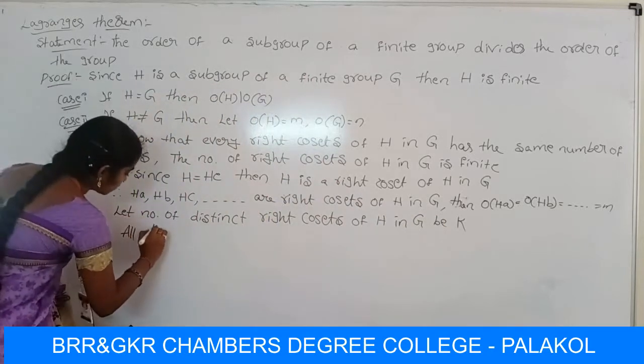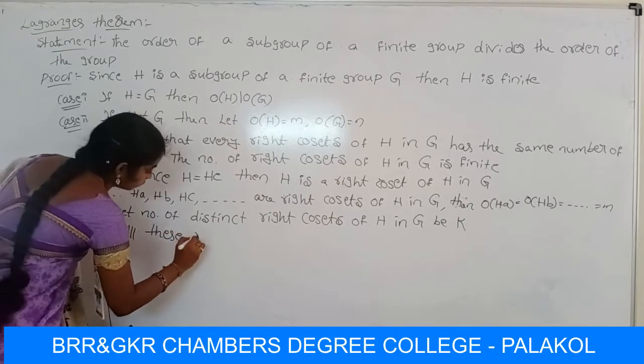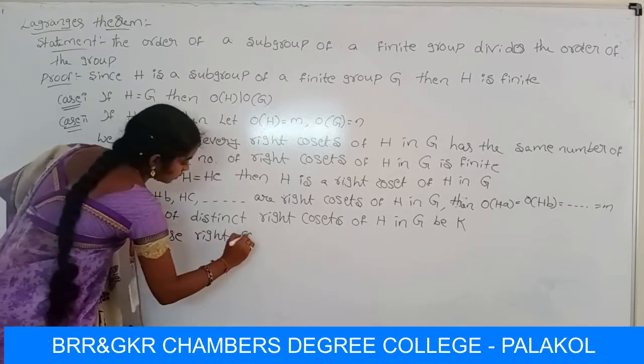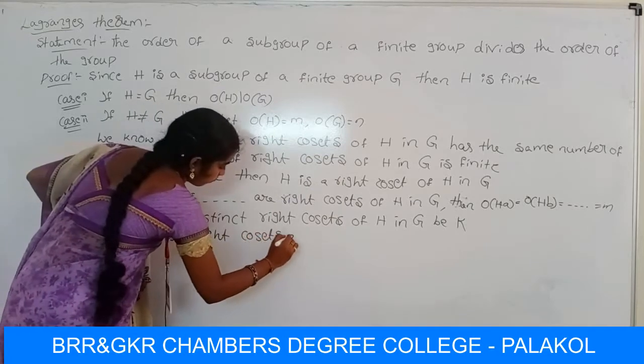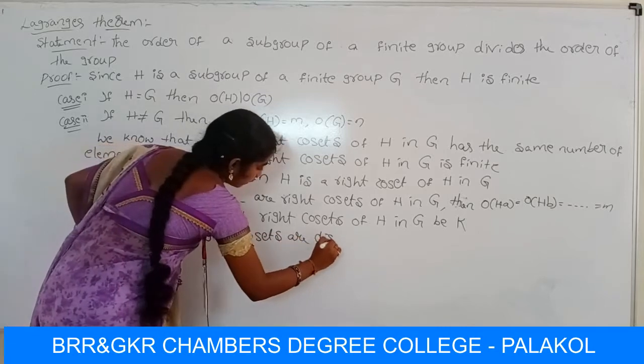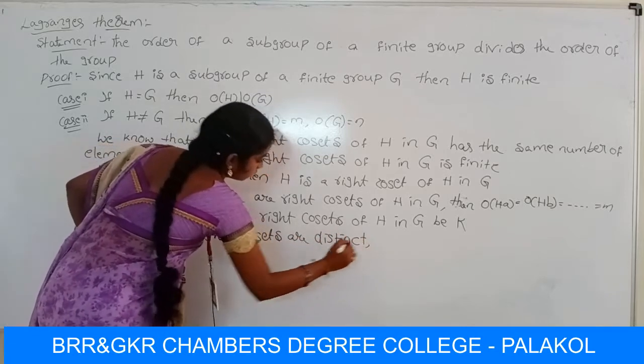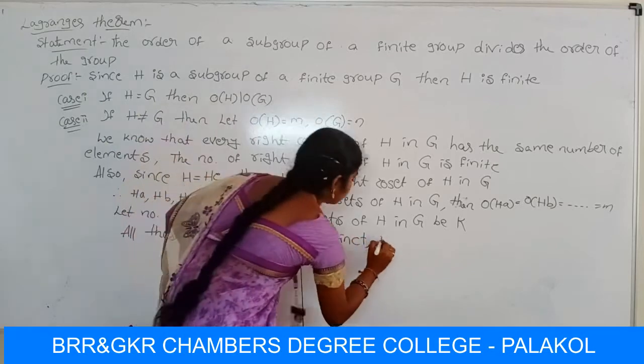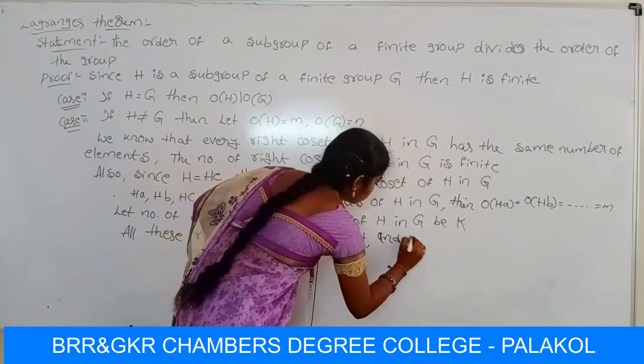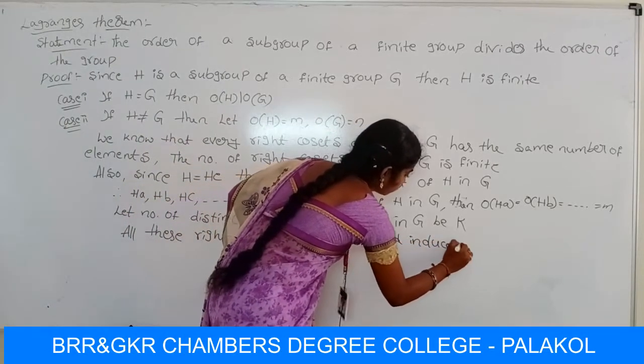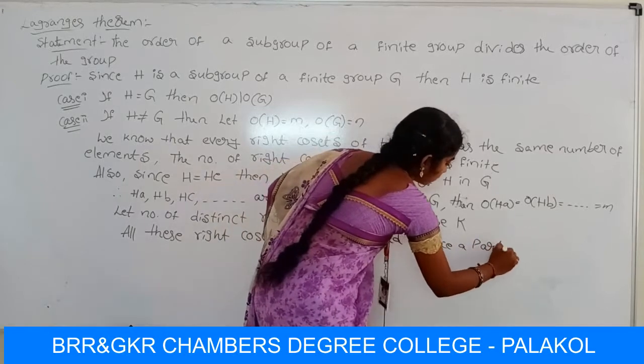All these right cosets are distinct and induce a partition in Z.